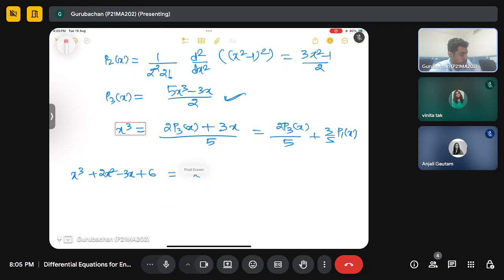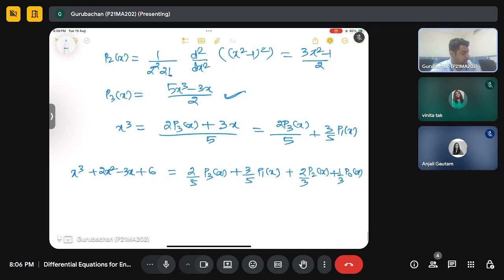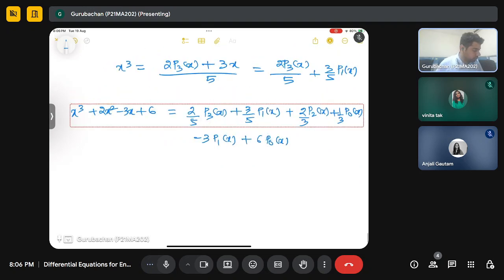You know how to write x cube from this expression: x cube is nothing but 2 by 5 P3(x) plus 3 by 5 P1(x), and x square from this expression will be 2 P2(x) divided by 3 plus 1 by 3 P0(x), and x can be written as minus 3 times P1(x) plus 6 times P0(x). We got this one. Now we just need to simplify a little.